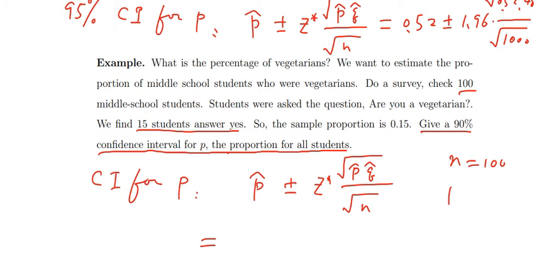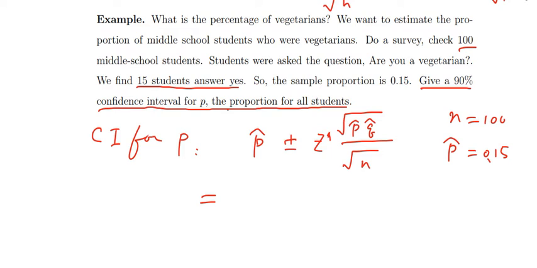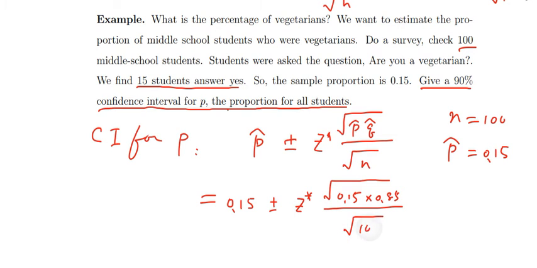So we can find this p hat is just 15%, right? Based on this, we want to find this confidence interval. So here p hat is 15%, plus minus z star times the square root of p hat q hat: p is 15, then q is 85, right? And n is 100.